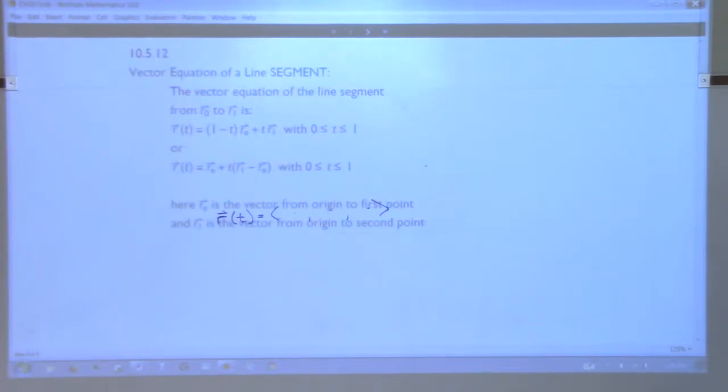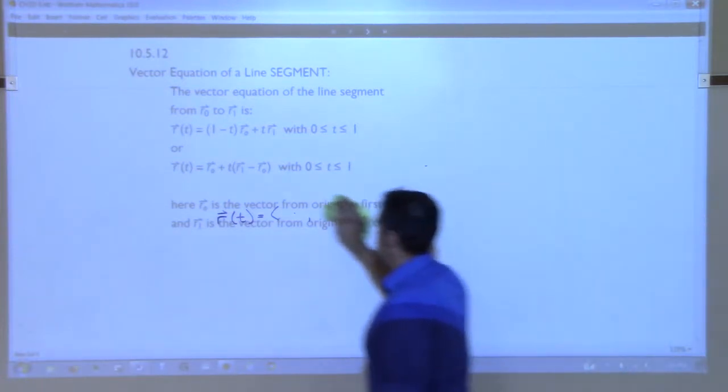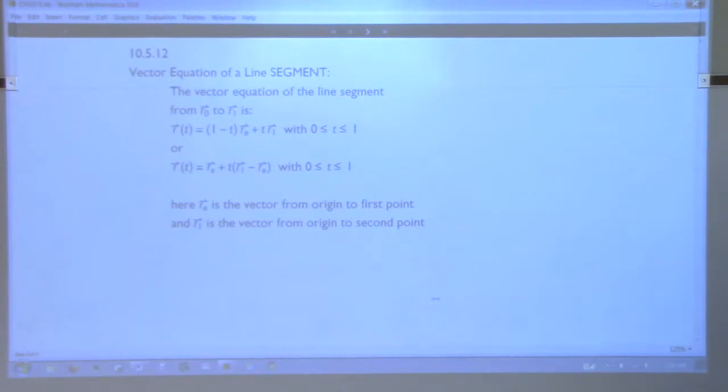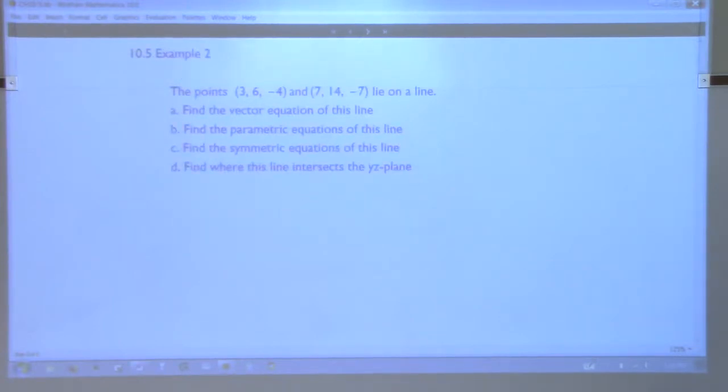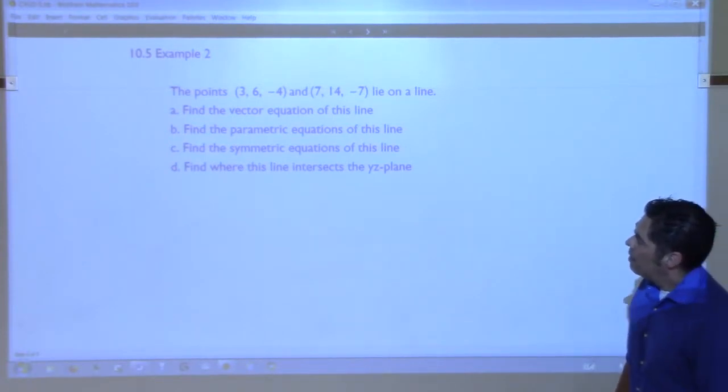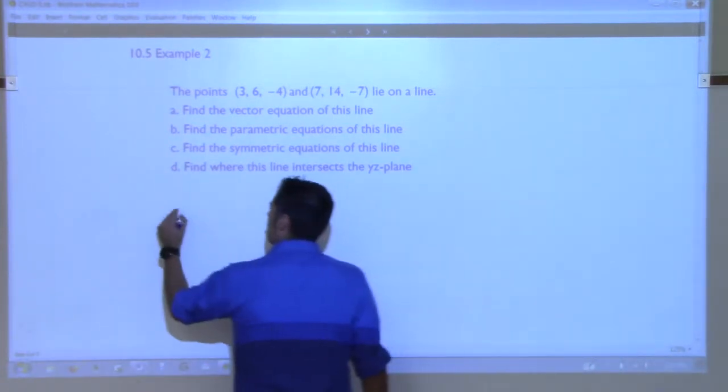Now, sometimes we don't want to draw the whole line, and all we want to do is draw a line segment from one point to the other. Now this note, I'm going to skip because I think it just confuses things. Let's just go back to this one. All right? And what if I say this?